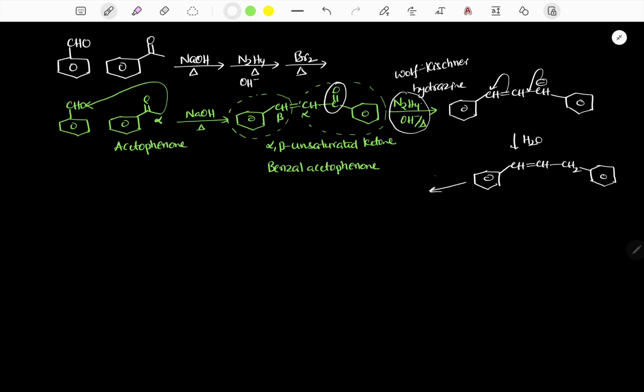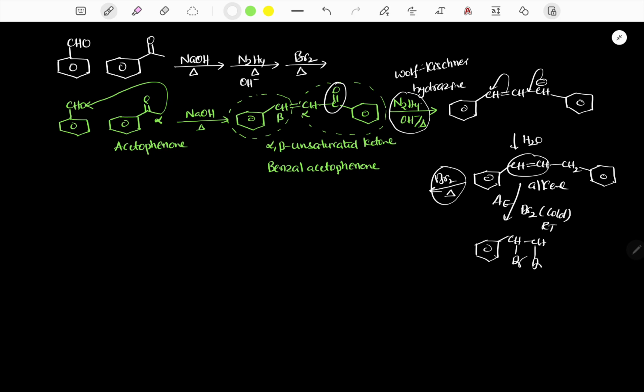Now it is treated with Br2, heat. It is an alkene. When an alkene is treated with Br2 in cold condition or room temperature, it undergoes electrophilic addition. Simply the alkene reacts with Br2 and finally we get the corresponding dibromo product.